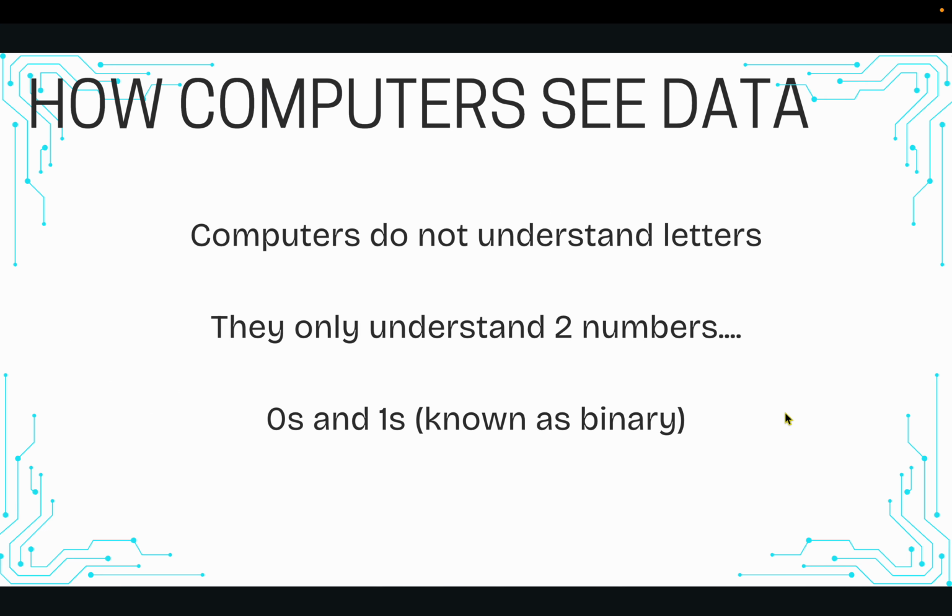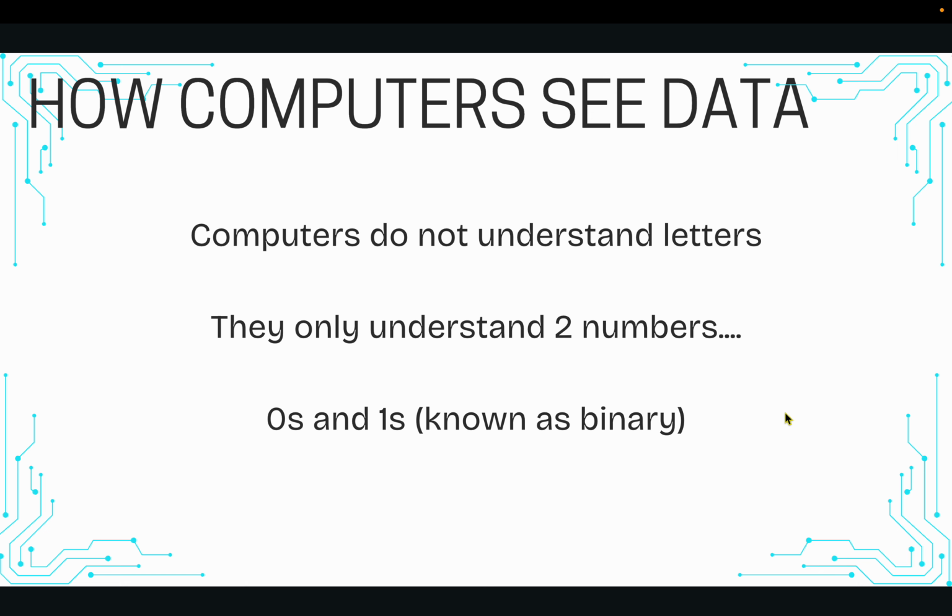So how does your computer see the data? What we're looking at right now is a bunch of letters. Your computer does not understand any of it. It's like a foreign language to it. Although your computer displays it, it actually doesn't know what it is.